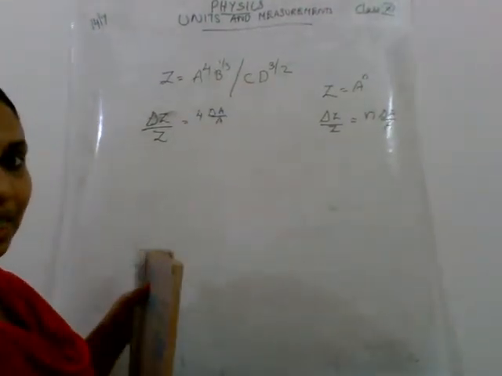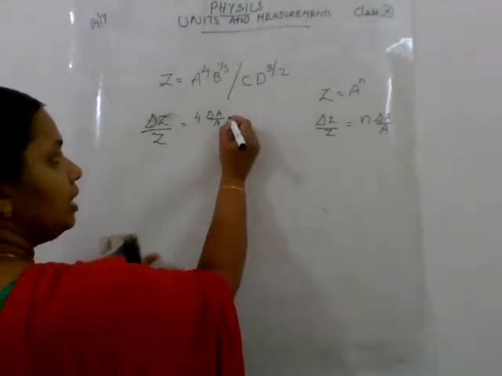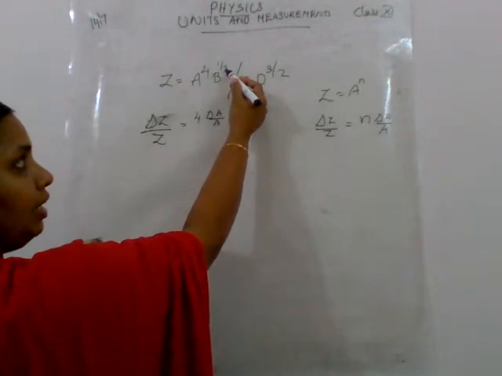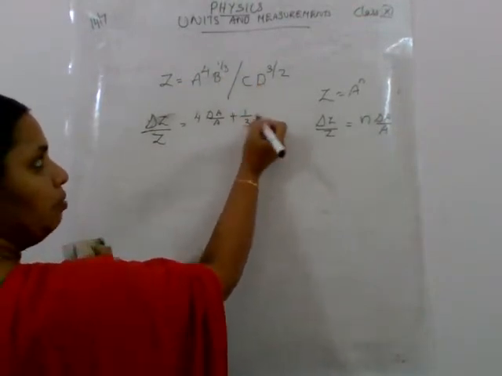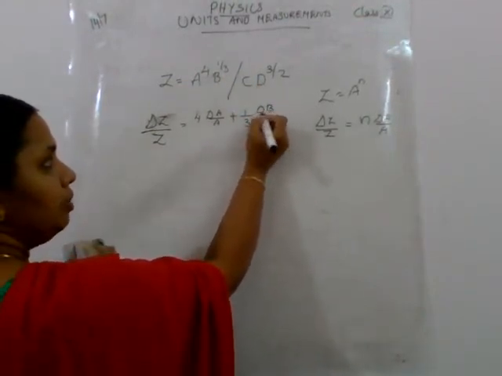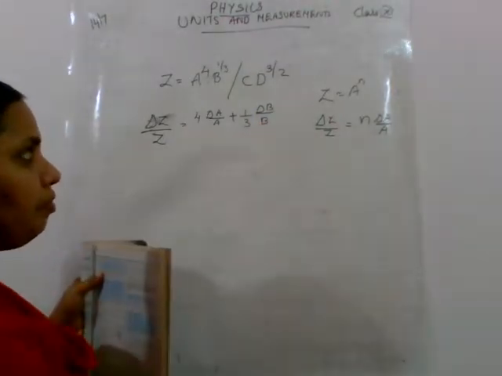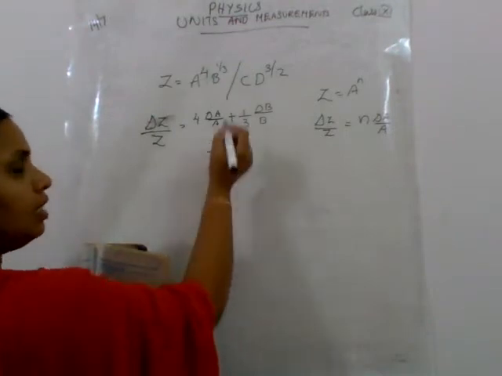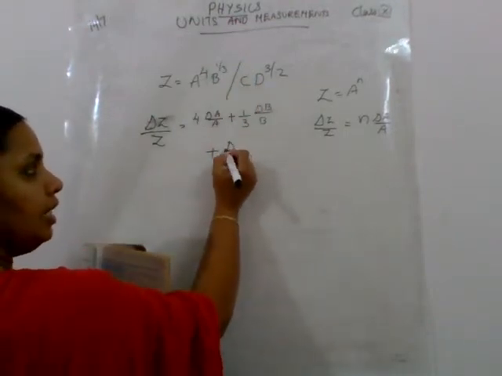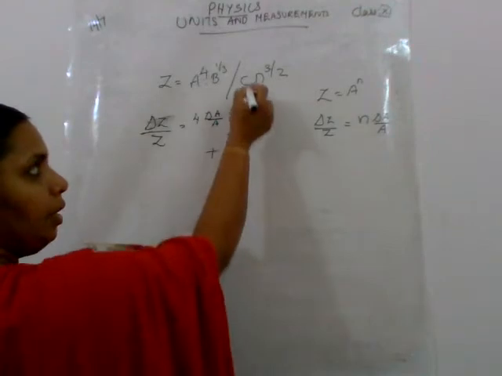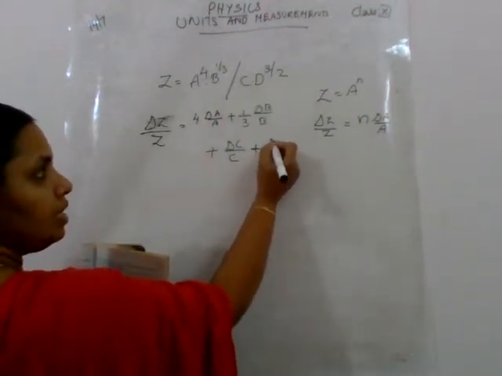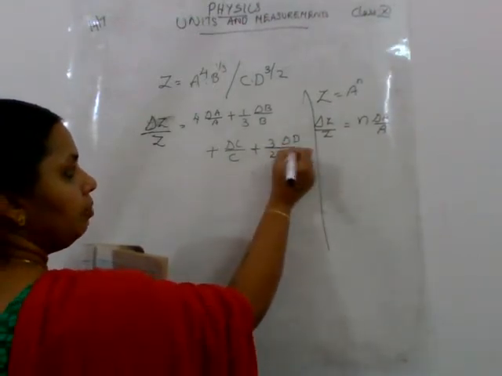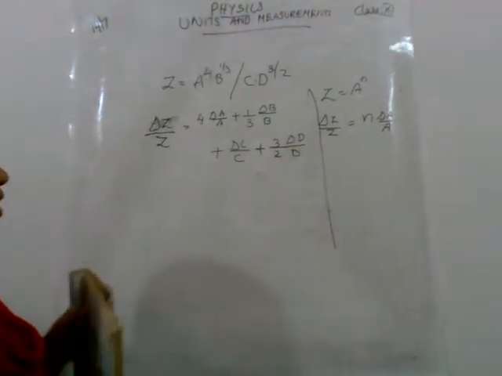Into b raised to 1 by 3, and since a product comes, it is the sum of relative values. So here 1 by 3 delta b by b. Then division comes, plus what is the error in C? Delta C by C, plus 3 by 2 delta d by d.